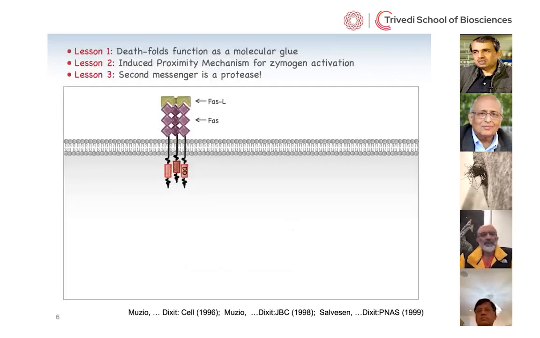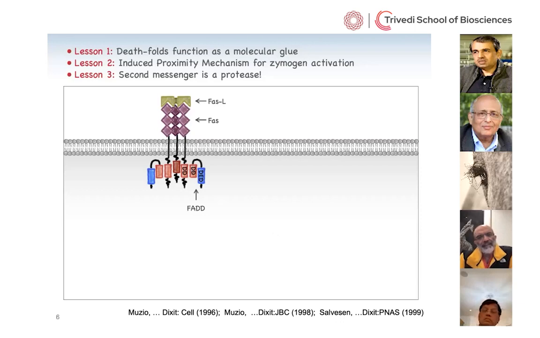So this we solved in a series of papers in the early 90s while I was still at University of Michigan, Ann Arbor. And we showed that quite surprisingly, the death domain in the receptor was nothing other than a protein-protein interaction motif.